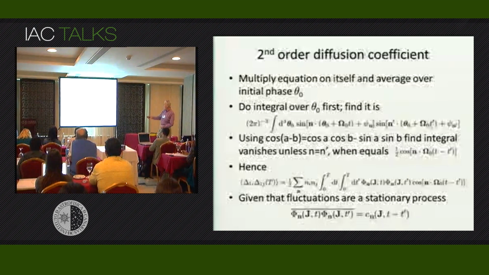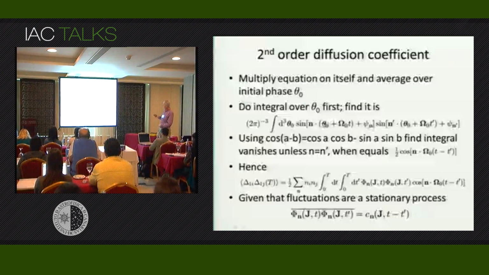We do the integral over theta 0 over the phases. We do that first. We reorder the integrals until that's the first integral to do, and then we find ourselves doing integrals of this sort, right? This is the innermost integral. There's one of these signs coming from one of the deltas, and there's another kind coming from the other delta, which has a t primed rather than a t. And we want to get the average value of this with respect to theta 0.